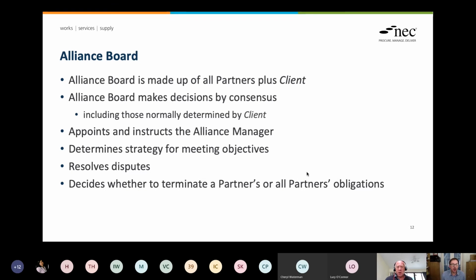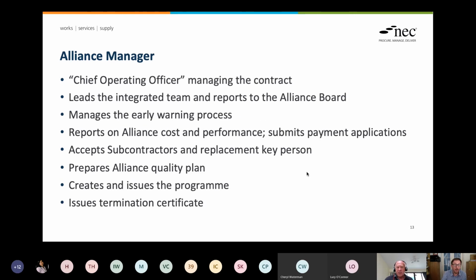No. So we don't have adjudication or a dispute avoidance board, but in many respects, the alliance board is not the same as, but kind of the equivalent of a dispute avoidance board, in that through decision making, they resolve any disputes between the parties, or the partners, should I say? We'll come on to it later. I think they can go to expert determination or something like that. Or is that the DAB? Or there's something like that.